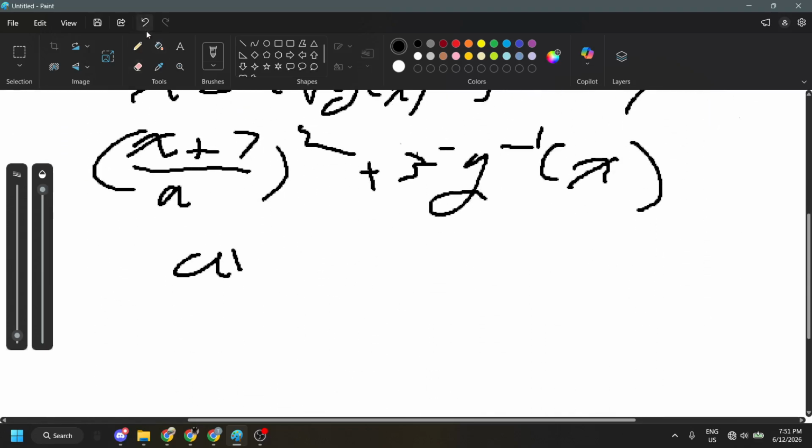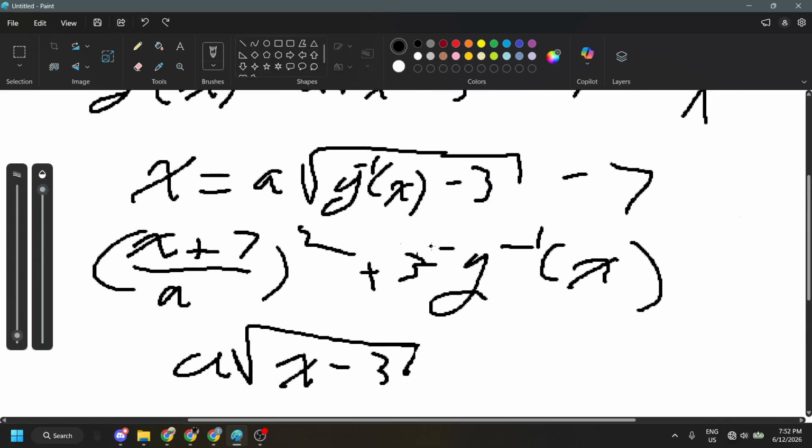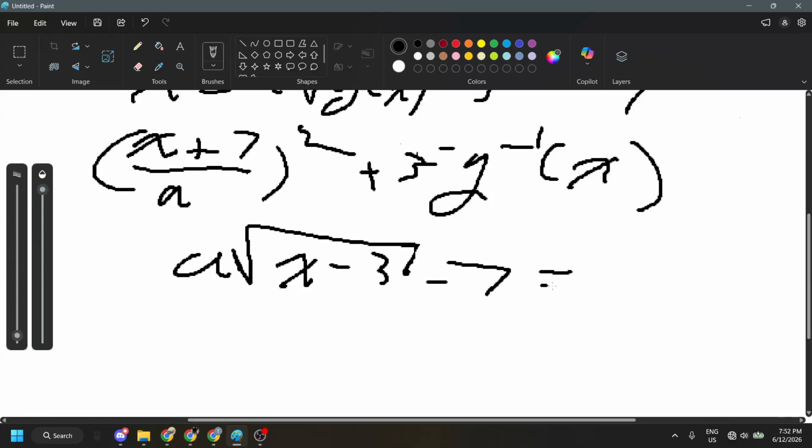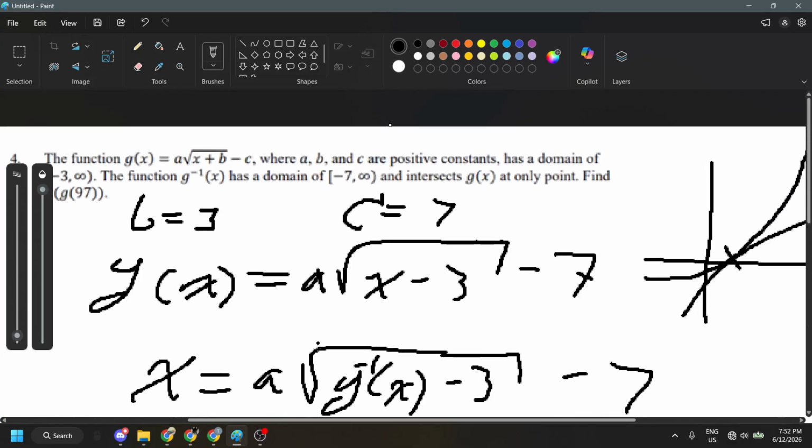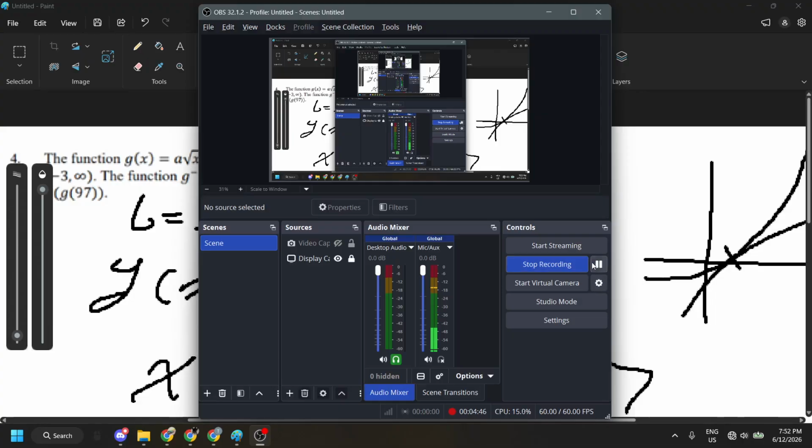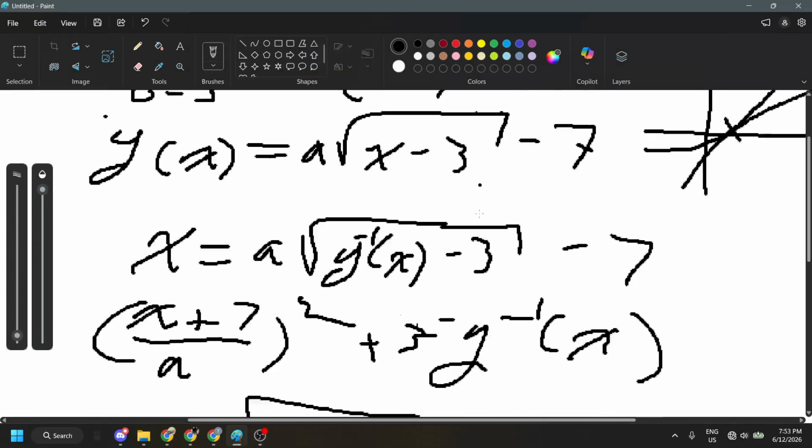So we have a√(x + 3) − 7 is equal to ((x + 7)/a)² − 3. Wait, give me a second. Okay, I'm back.